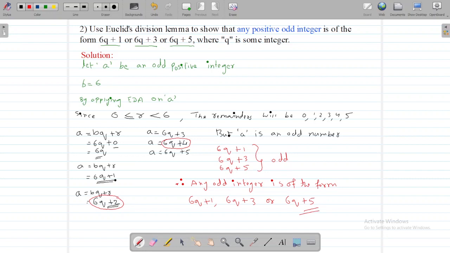So hence we are able to show that there exists a positive odd integer which is nothing but 6q plus 1, 6q plus 3, 6q plus 5. So this is our solution to this problem.